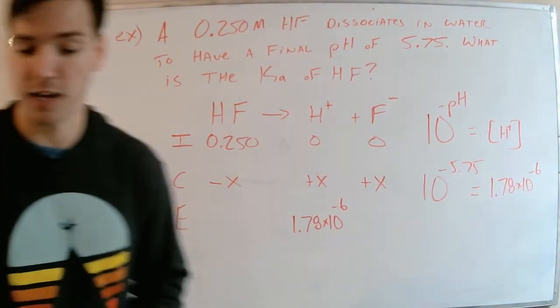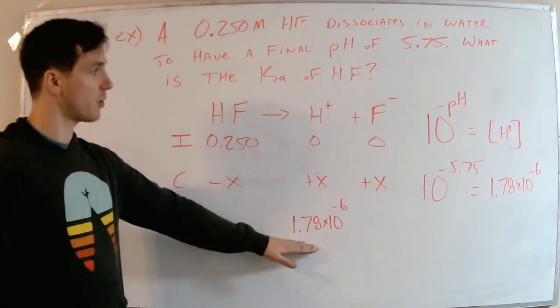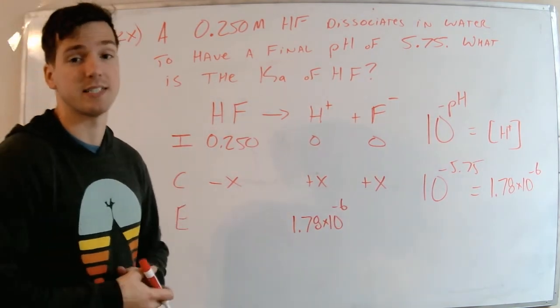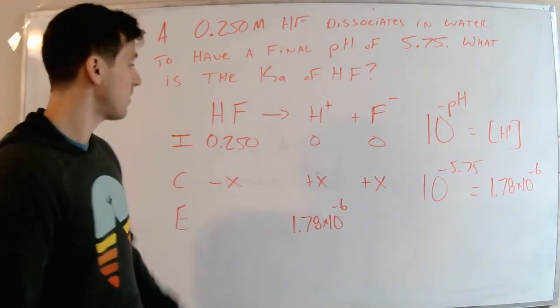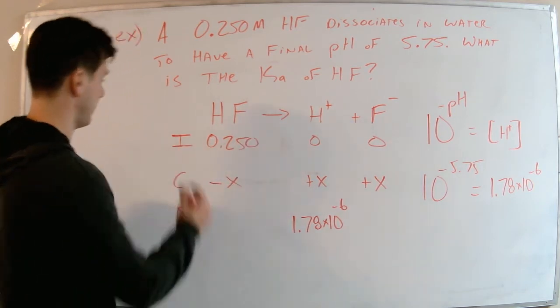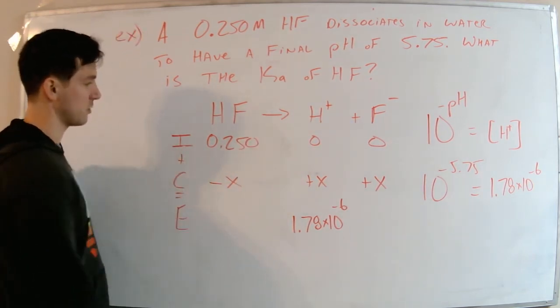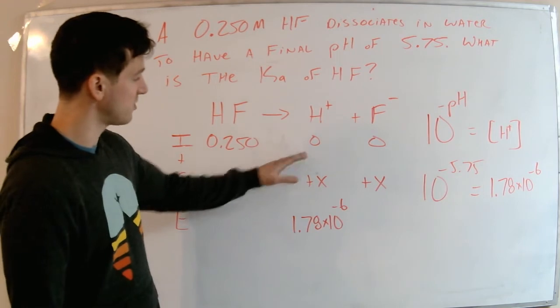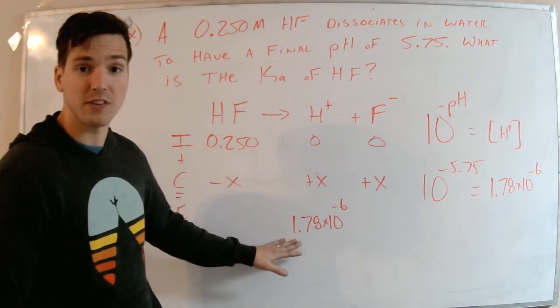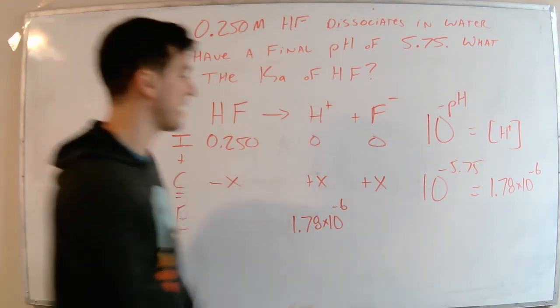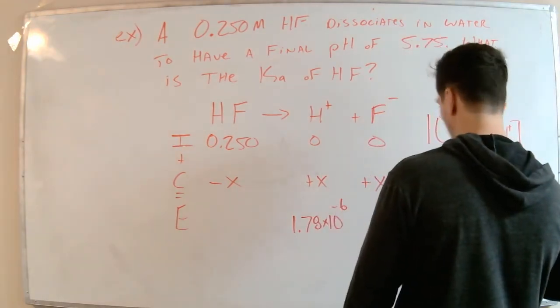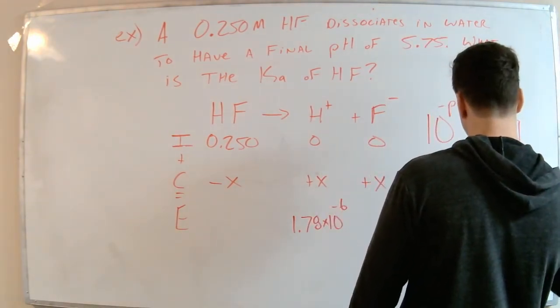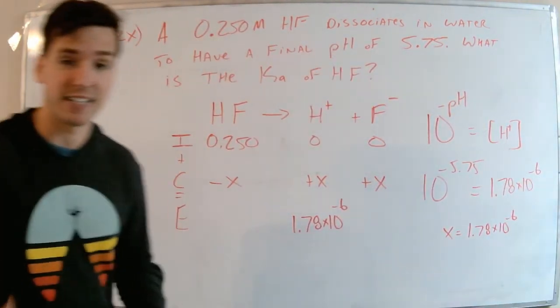So H plus, and we did that just by taking 10 to the negative pH. Well, remember, initial plus change equals equilibrium. So that means that 0 plus x equals 1.78 times 10 to the negative 6. That means that x equals 1.78 times 10 to the negative 6.